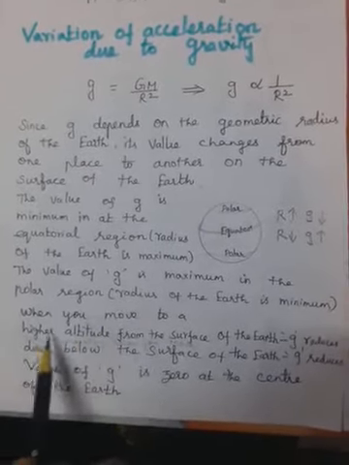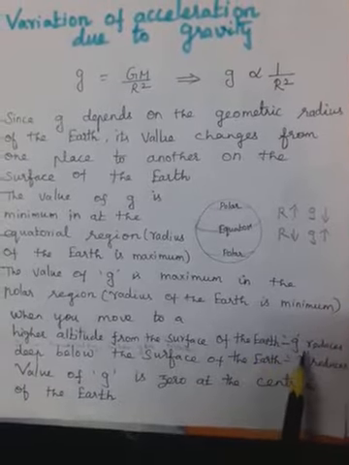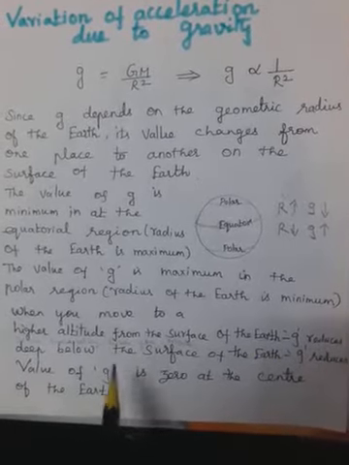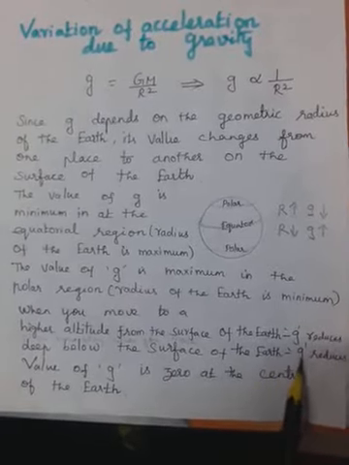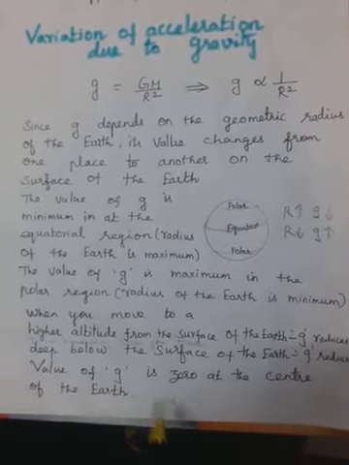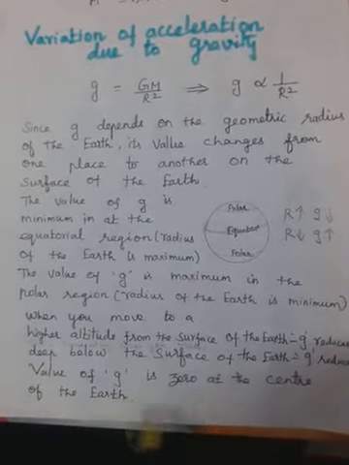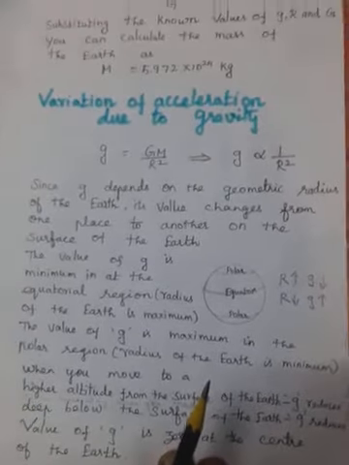When you move to a higher altitude from the surface of the earth, the value of g reduces. In the same way, when you move deep below the surface of the earth, the value of g reduces. So the value of g is 0 at the center of the earth. It will be discussed deeply in the higher classes.